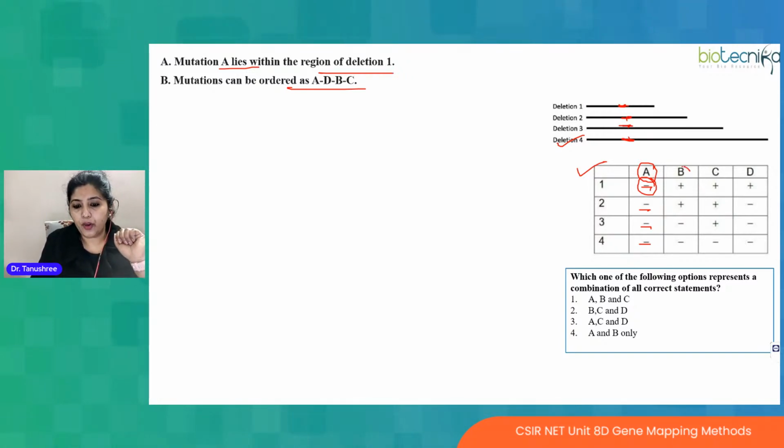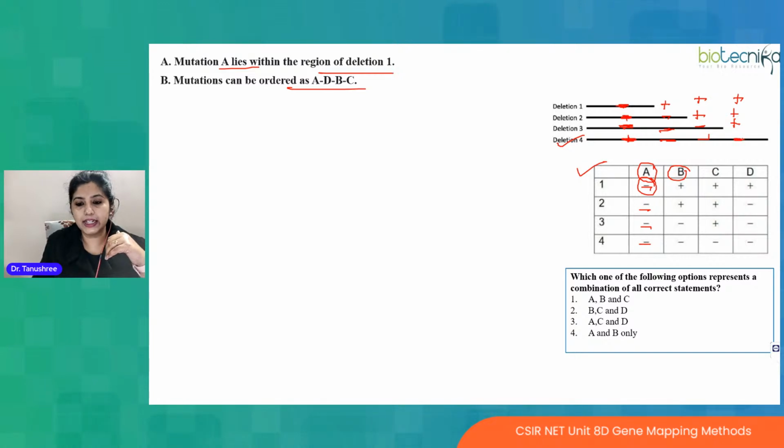For B, you just have to match the pattern. If I draw whatever is given in the table over here, I will get minus, minus, minus, minus. Here I will get minus, plus, minus, minus. Here I will get plus, plus, minus, minus. And here I'll get plus, plus, plus, minus.